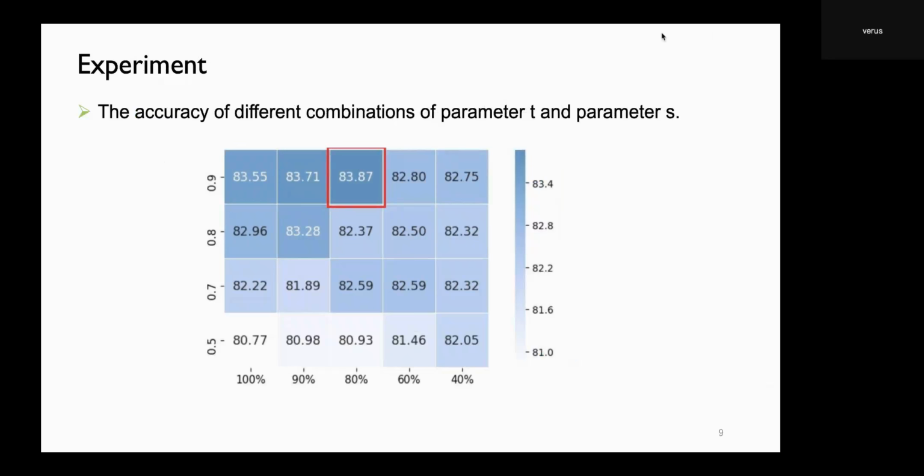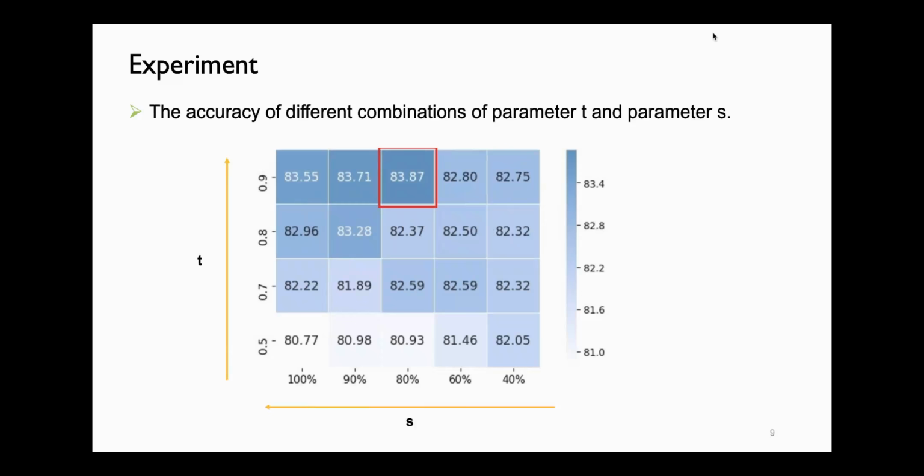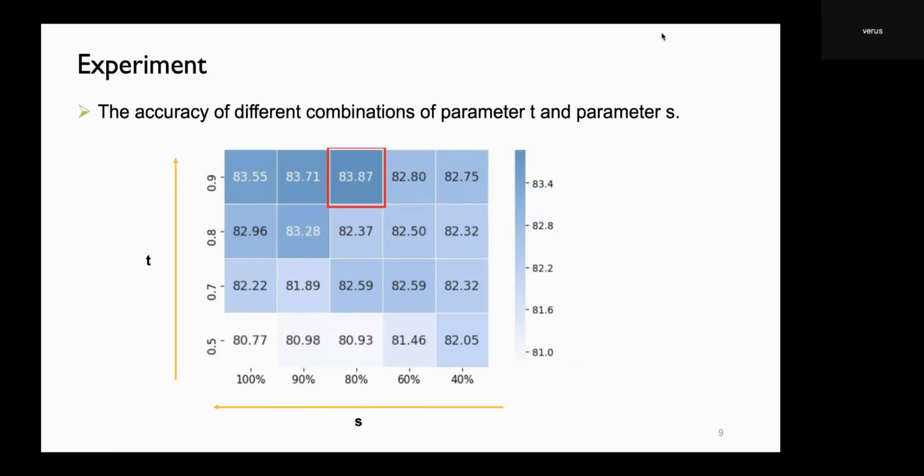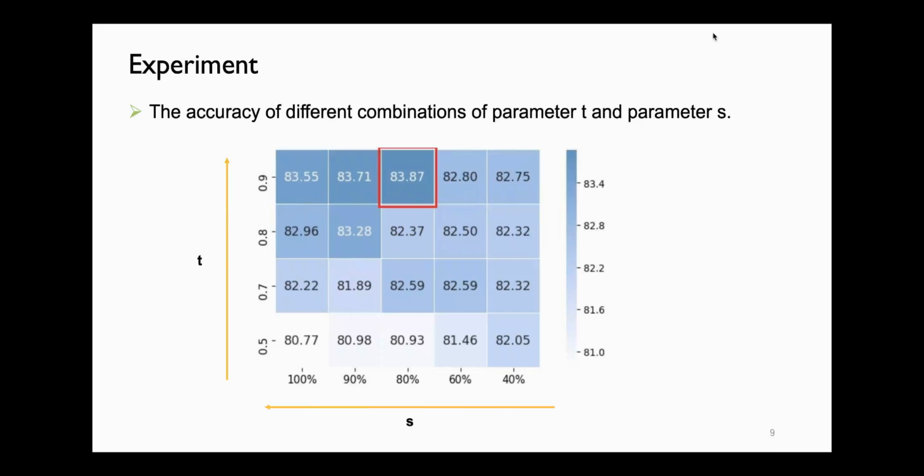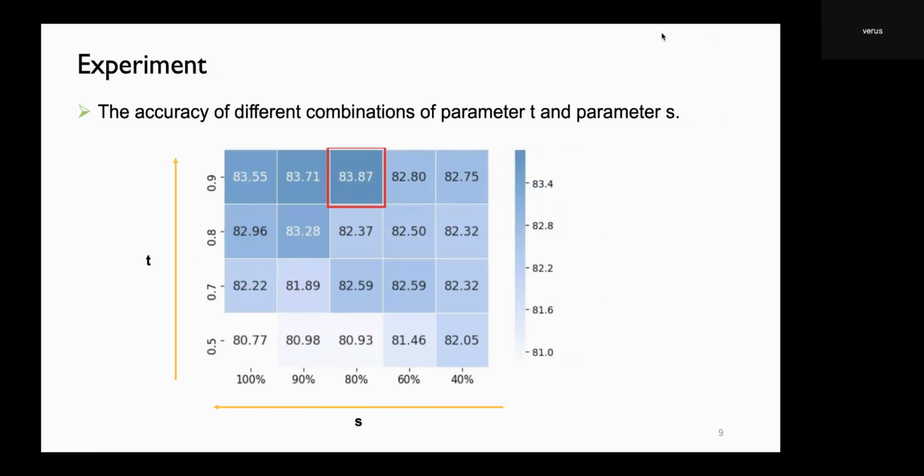Then we explore the accuracy of different combinations of parameter T and parameter S. Our method has two experimental parameters: the threshold T to determine the high confidence predictions, and the percentage S to determine the number of test data to be selected.